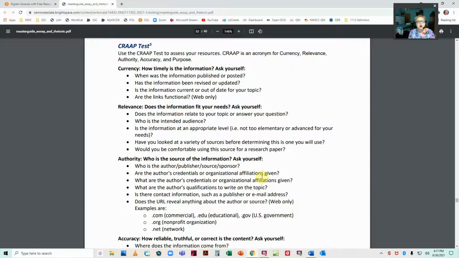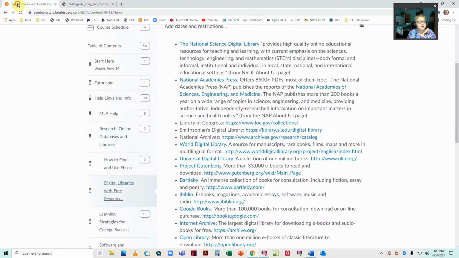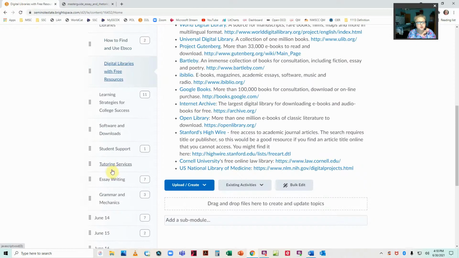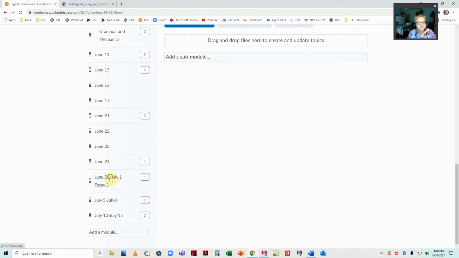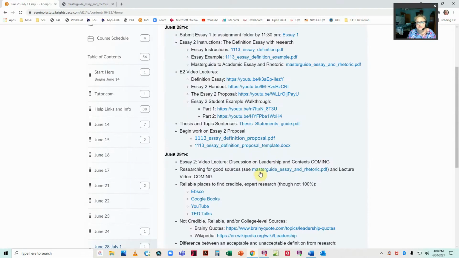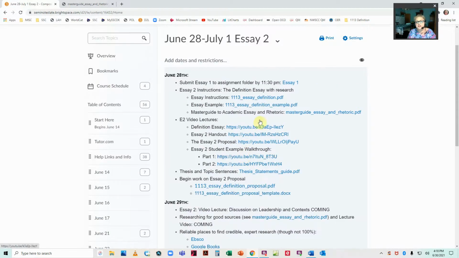So the R is for relevance. Does it fit your needs, right? You might find information that's about your topic, but is it really about what you need for that topic? Let me give you an example. The student essay, let me open it up. I should have had it open. The student essay is about fast food managing.